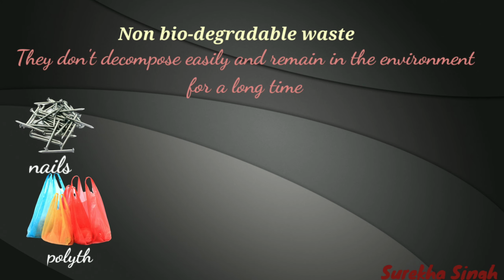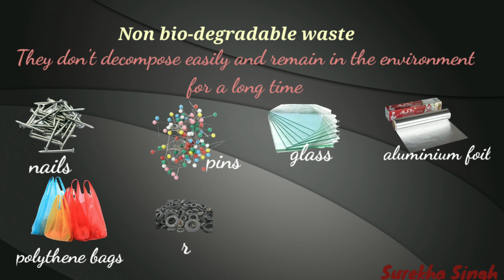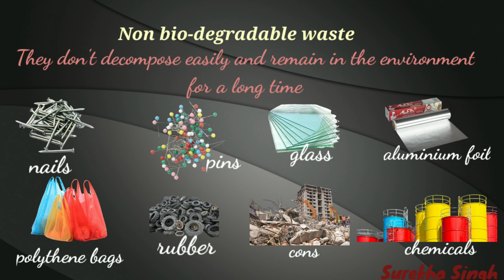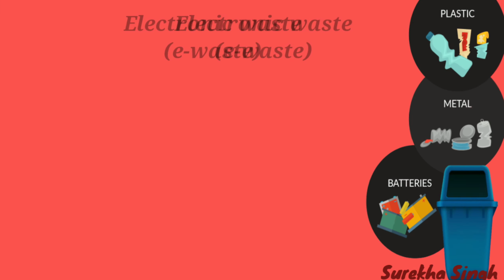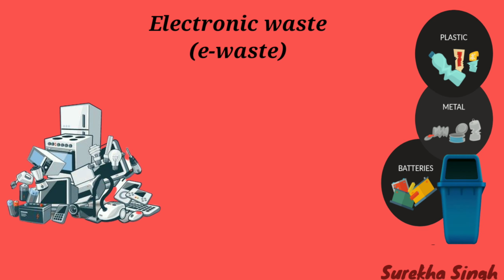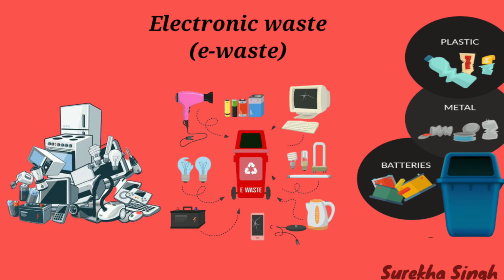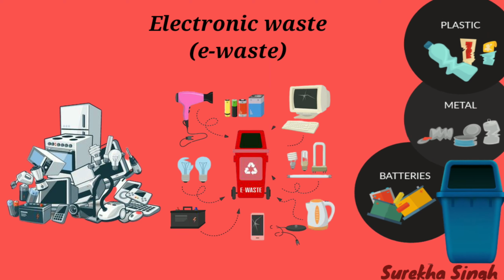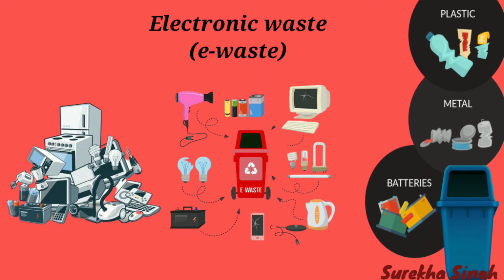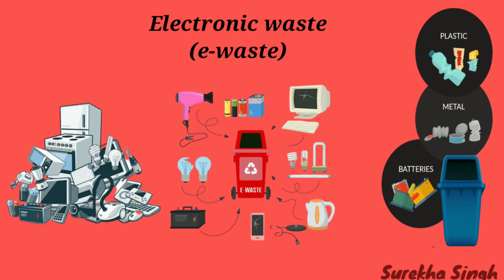Nails, polythene bags, aluminium foil, pins, glass, rubber, chemicals, construction waste and e-waste are non-biodegradable waste. E-waste or electronic waste consists of parts of computer, mobile phones and other electronic devices. Non-biodegradable waste materials do not rot easily and remain in the environment for a long time.